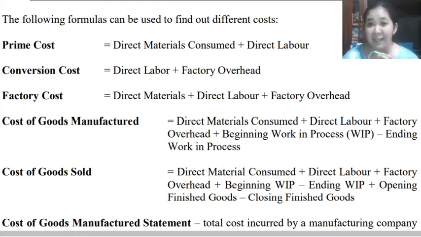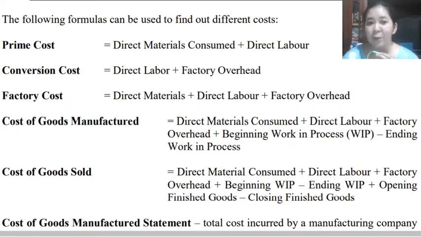We will add the items which pertain to our finished goods. If you could notice, our formula is the same as that of cost of goods manufactured, but we only add the opening finished goods and we deduct the ending finished goods inventory. The reason again for adding opening finished goods and deducting the ending finished goods is to determine the number of items that were sold during the year.